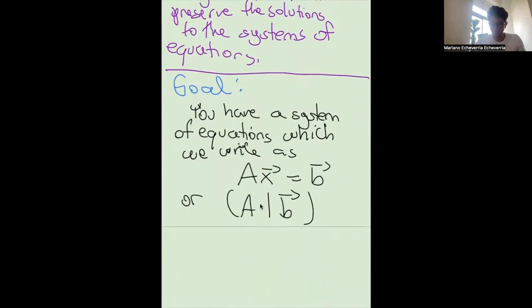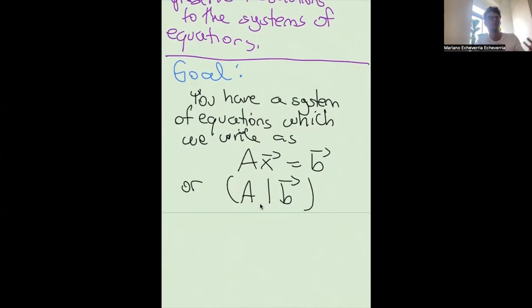So the key to solving these systems of equations is that you apply operations 1, 2, and 3 to turn A as much as possible into the identity matrix. I'll clarify what that means between today and tomorrow.